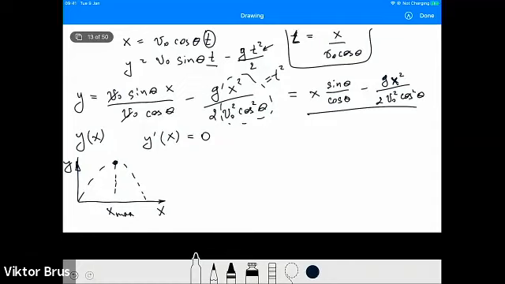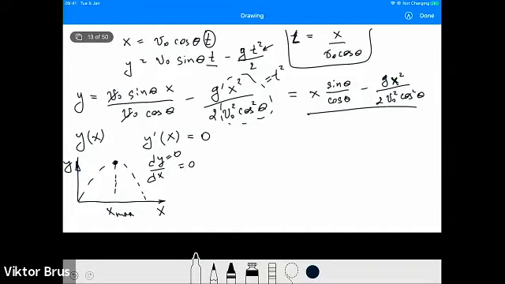Why? Because at the maximum we don't have any movement, neither up nor down, so we don't have change in y. The derivative is dy over dx, and if dy is 0, then the derivative is also 0. So this is the condition which comes from calculus.